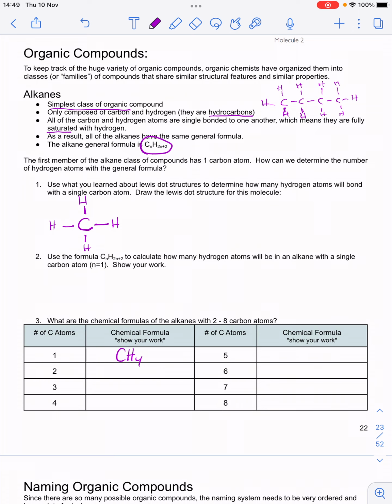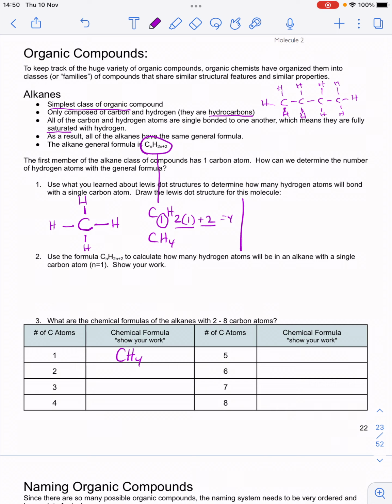Now, how do we use this general formula that's up here? Well, if I plug in 1 for N, and then I do 2 times 1 plus 2, well, 2 times 1 is 2, plus 2 more is 4. So the formula when we have one carbon atom is going to be CH4.